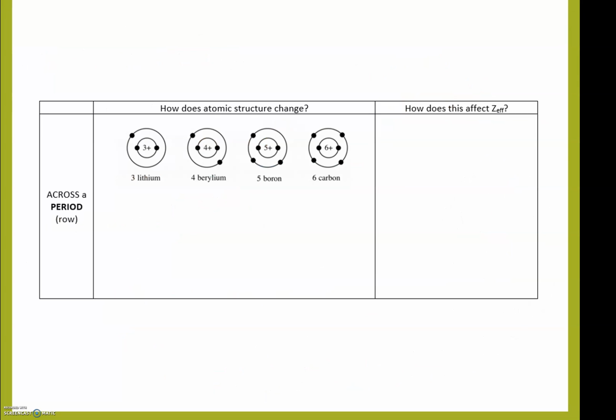So on your guided notes, you're asked a couple questions. How does the atomic structure change? Look at these four elements here: lithium, beryllium, boron, carbon. According to their atomic number, they have 3, 4, 5, and 6 protons respectively, and those protons are located in the nucleus in the center of the atom.